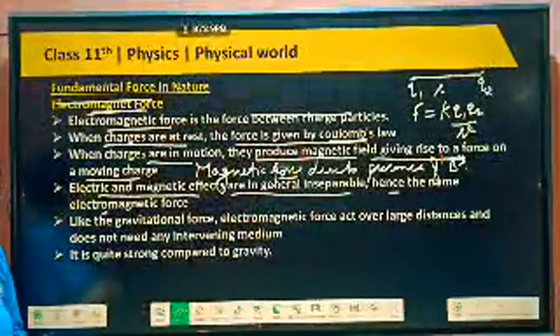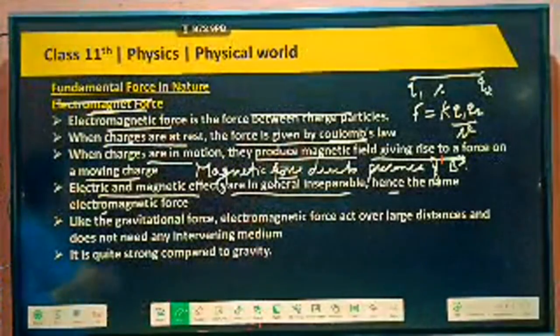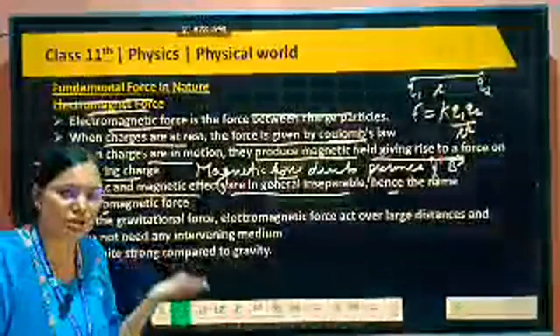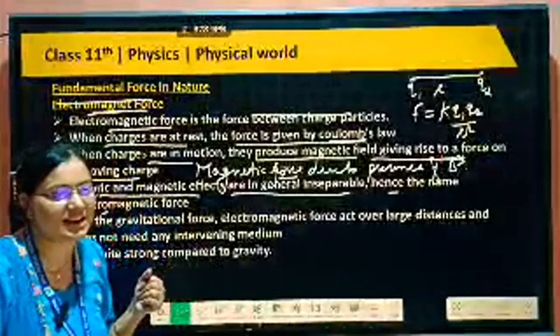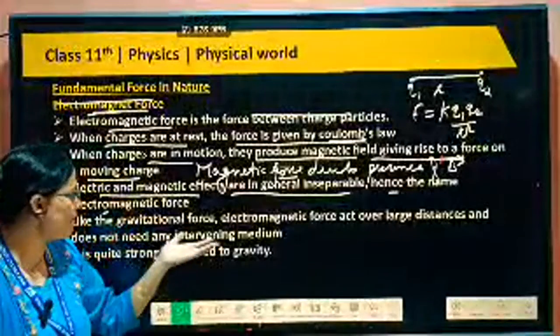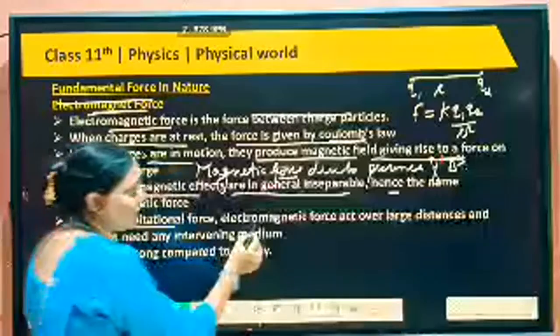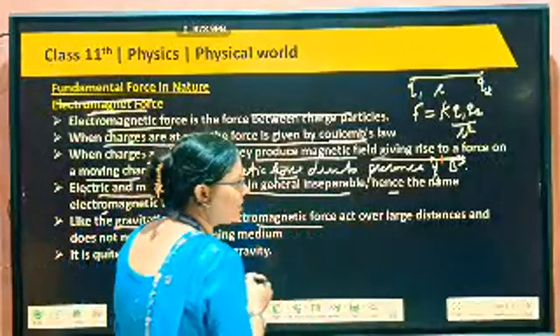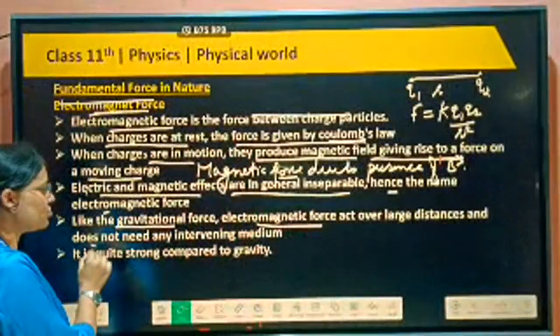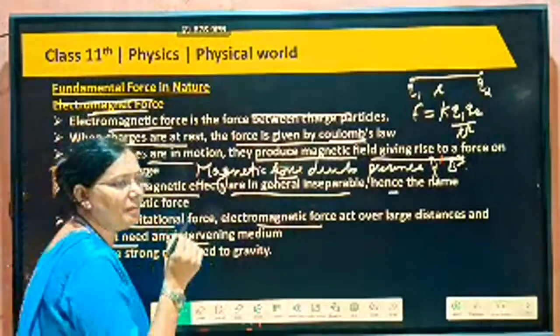Understood, everyone? What is the electromagnetic force? When the charge is in motion, whether uniform or not, there is a force acting: the electromagnetic force. Like the gravitational force, the electromagnetic force acts over a large distance and does not need any intervening medium.